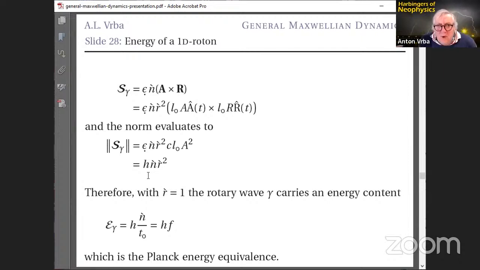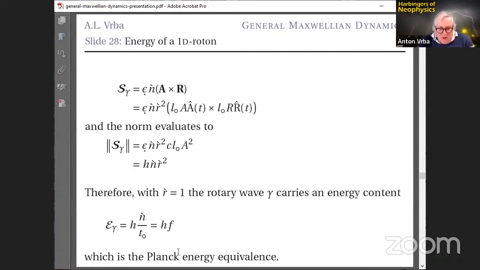That being action, which is joules per second, I must divide this by T0, which then gives me H. The energy equals HF, which is the Planck energy equivalence. So the rotary action that I have introduced, and these rotary waves, would explain the energy of a photon.